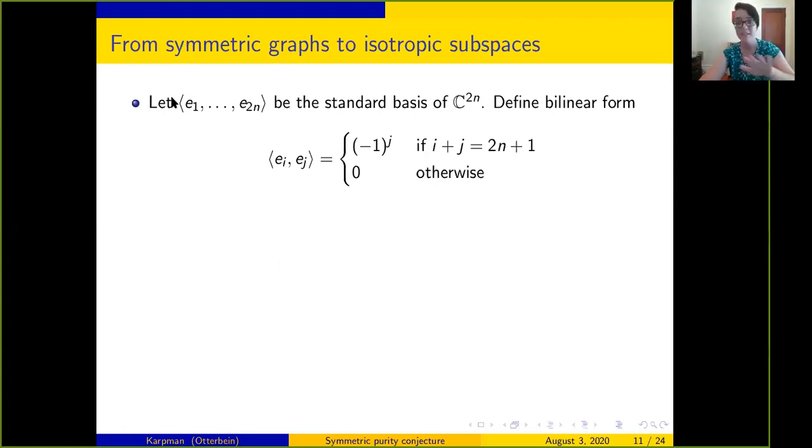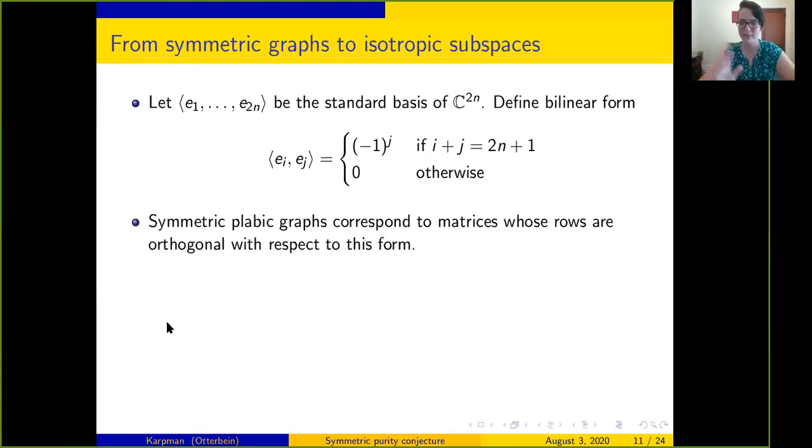We're not going to use the details of this later, but just for concreteness, I will define a bilinear form by taking the standard basis in a 2n-dimensional space, and I match up e_i and e_j and say they are (-1)^j if i plus j is 2n plus 1, and otherwise 0. It's a little bit of a funny form to use, but it gives us exactly what we need.